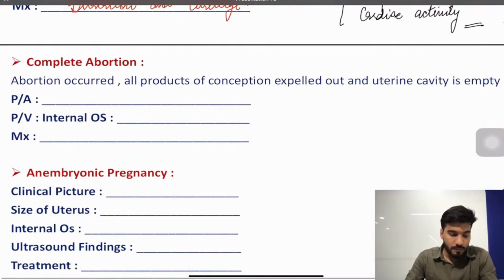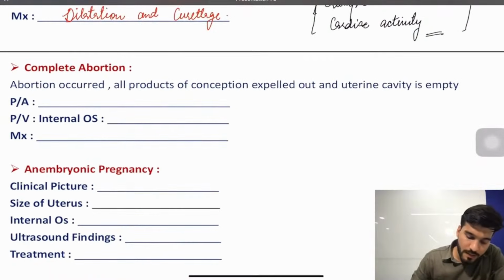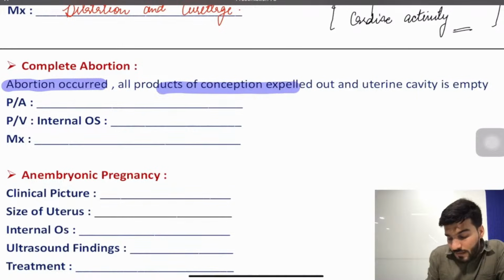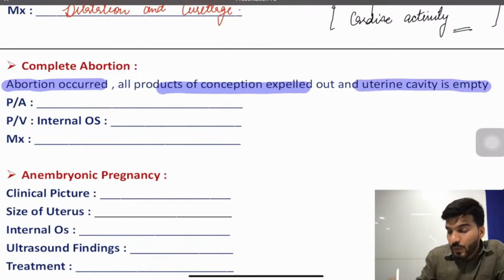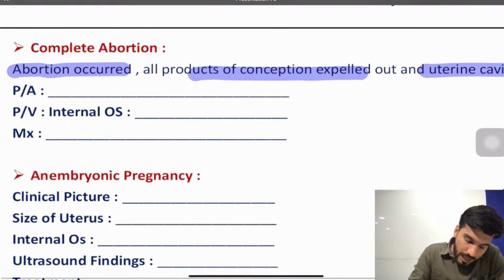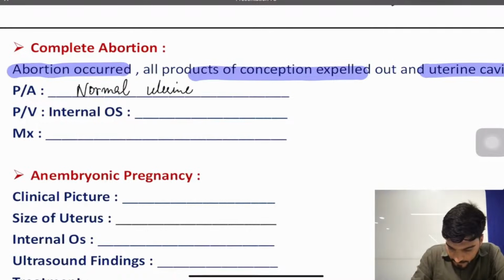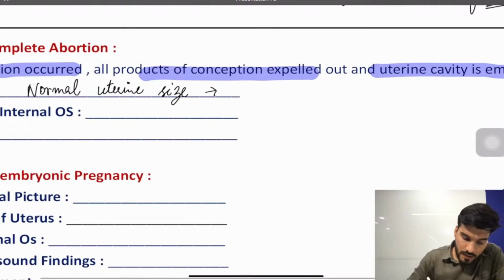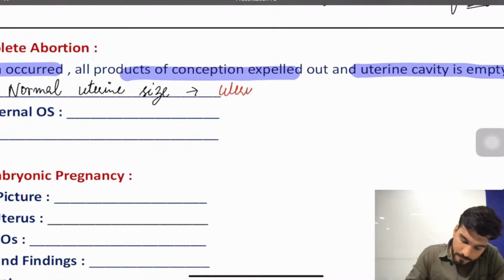Now complete abortion. What is complete abortion? Sir, abortion occurred, all products of conception are expelled out and the uterine cavity is empty. Whatever was inside, it all came out. On per abdominal examination, there can be a normal uterine size, because the uterus is empty.